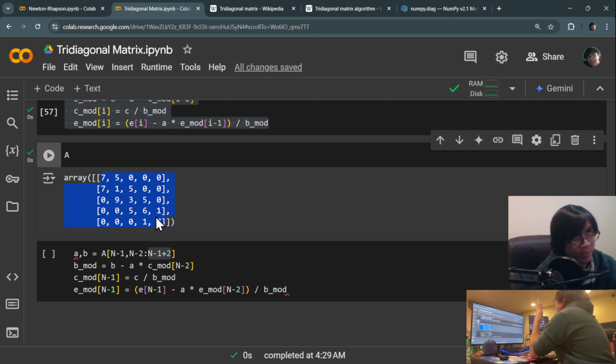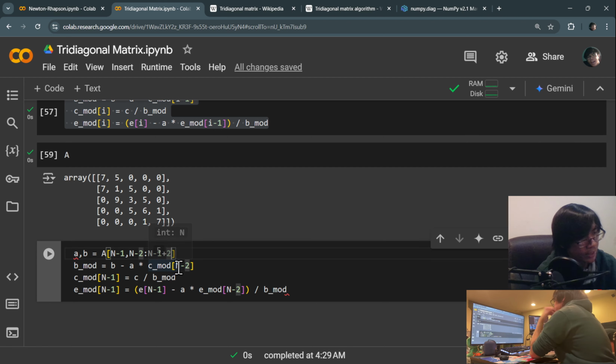N minus 1, n minus 1 would be index 4, 4, which corresponds to row 4, column 4, 0, 1, 2, 3, 4. So 4, 4 makes sense. However, indexing excludes the last value, so it won't be n minus 1, it would be n.